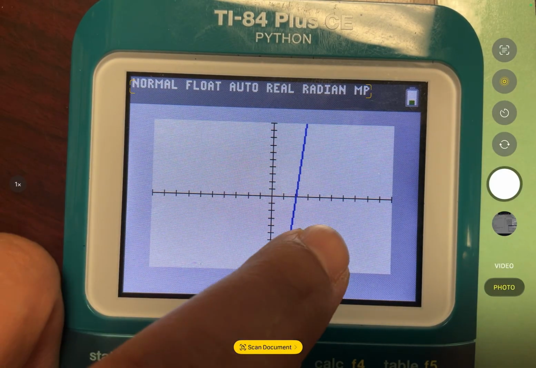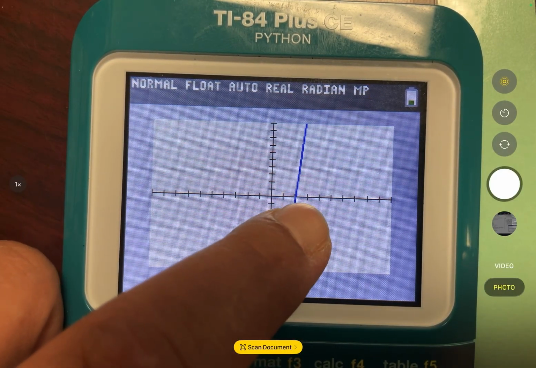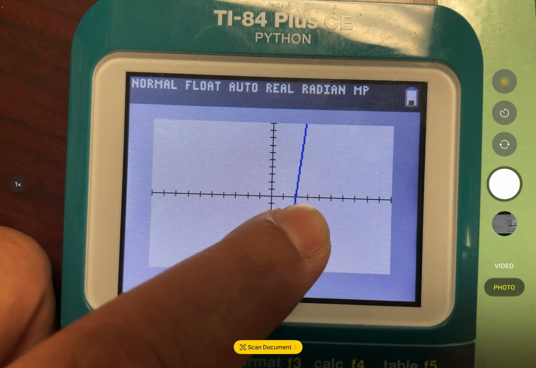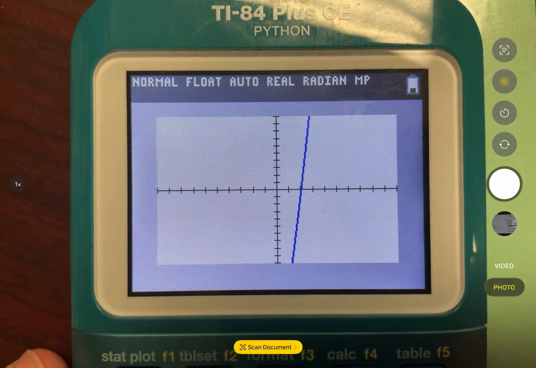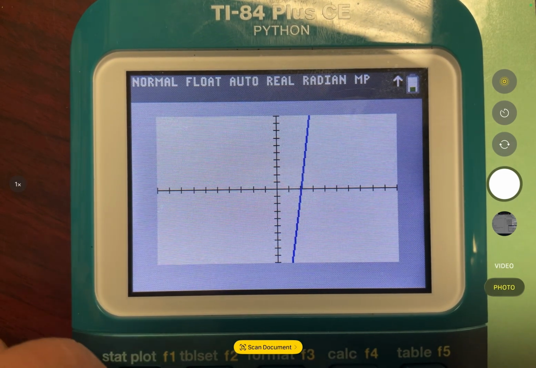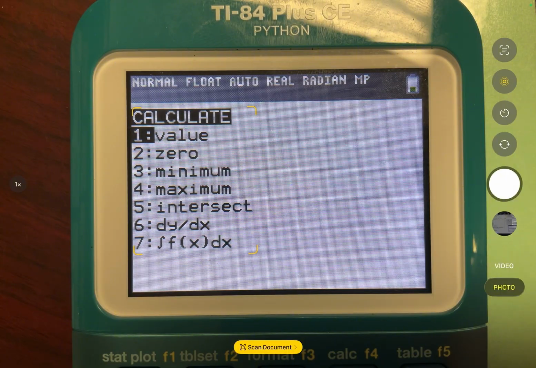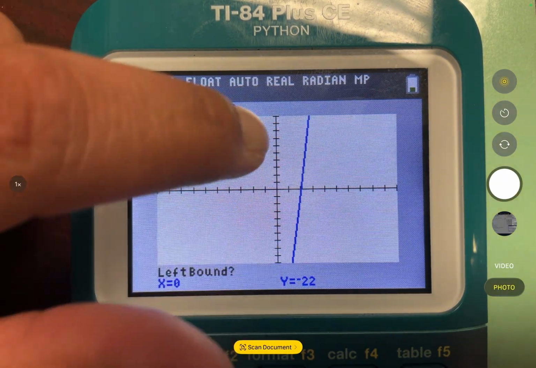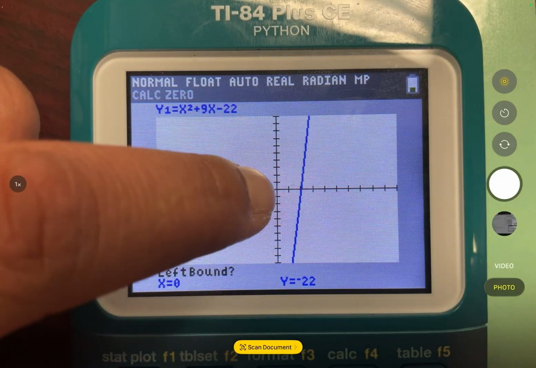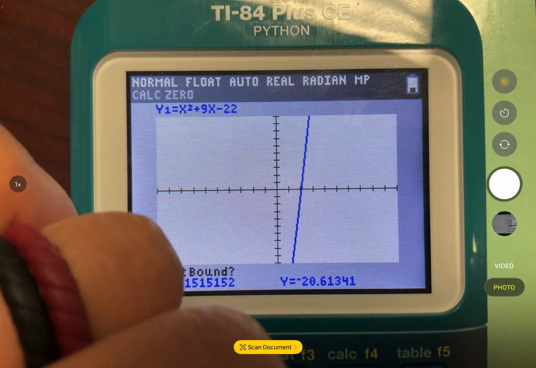Now, this one looks like it's already crossing at what number? 2. So yeah, it would be the number 2. But because I want to practice using that second trace feature, go ahead and push second trace, number 2. Now, even though you can't see it, the star always starts in the y-axis. So move it to the right until you get to that 2.